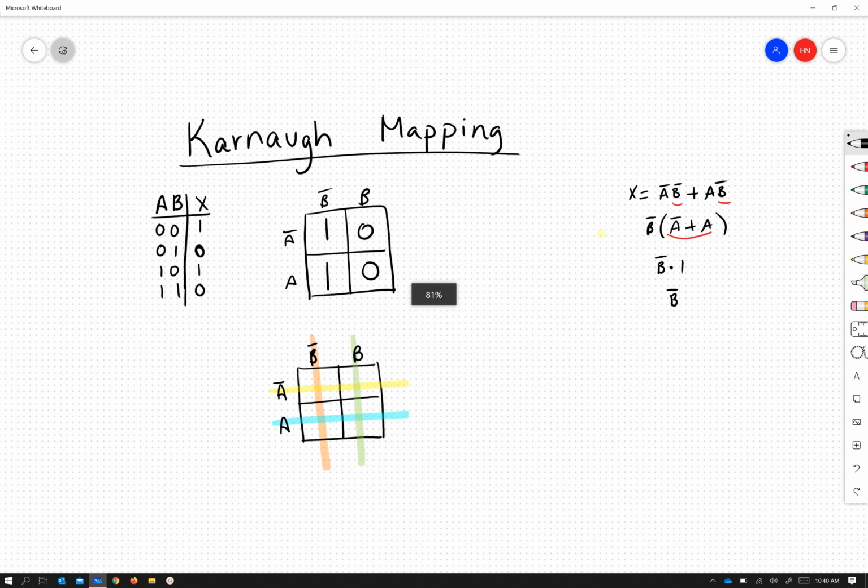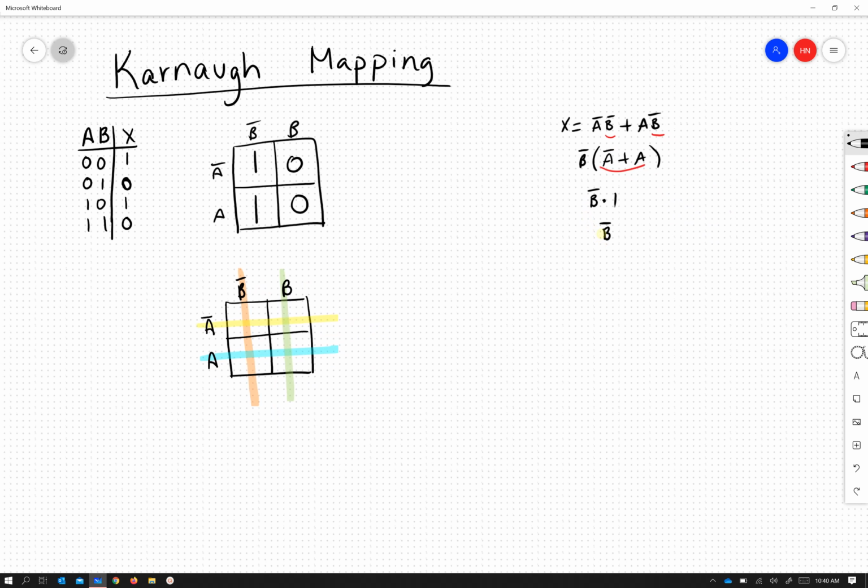Let me tell you about having several variable sizes, and then we'll come back to this one. As you saw, in the K-map each combination becomes a location.